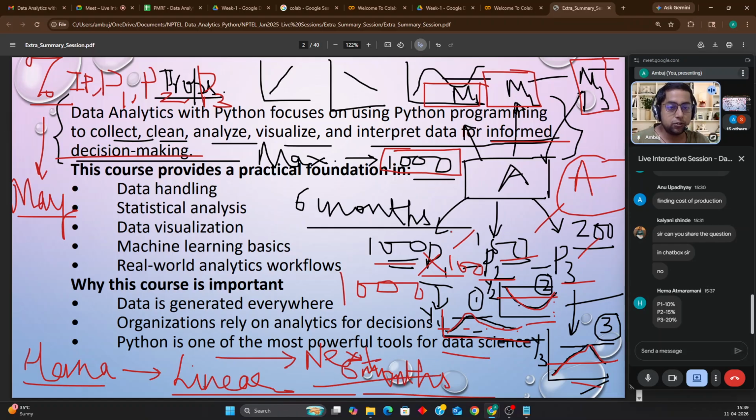That is why she is saying that you have to produce 100 units. 10 percent of 1000 would be how much? 100 only.